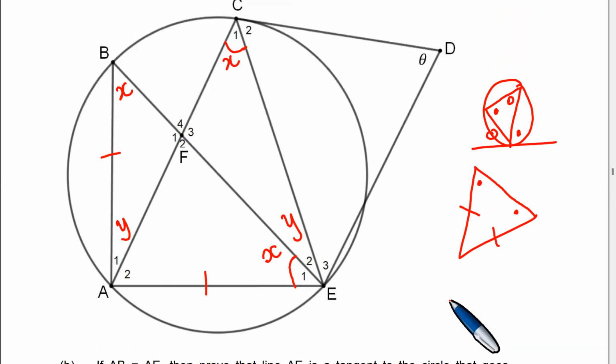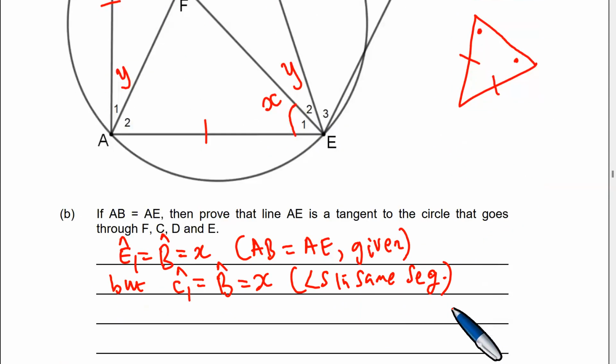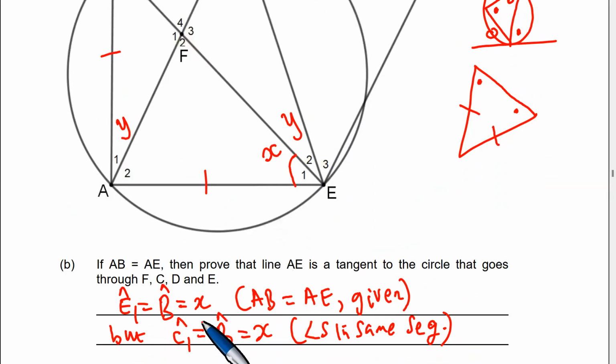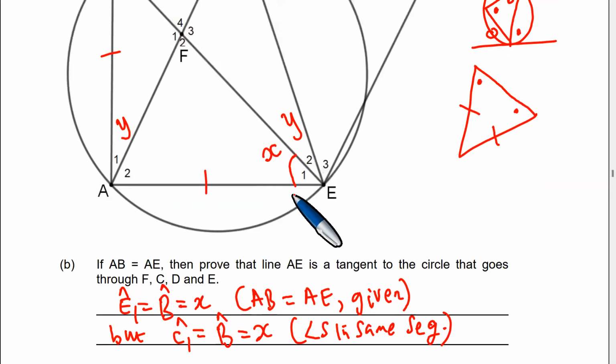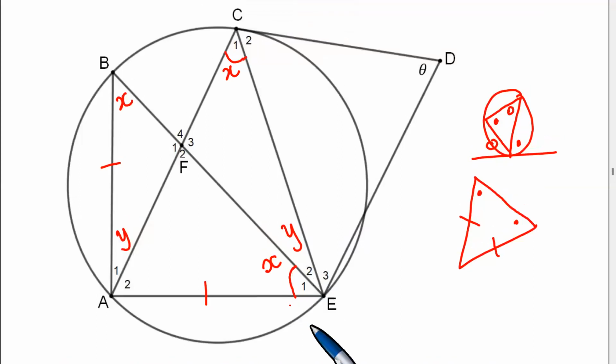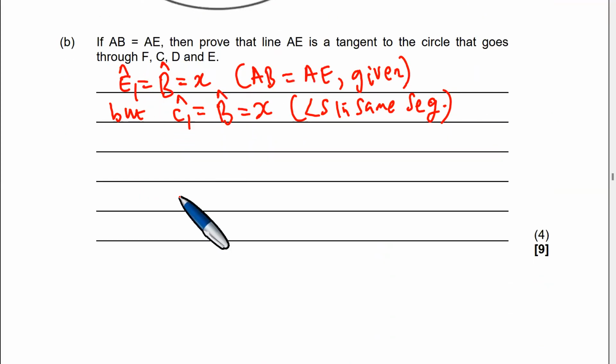Next. Okay. What have we achieved here? Now we have that E1 is equal to C1 because they're both equal to X. Right, so thus angle E1 is equal to angle C1.